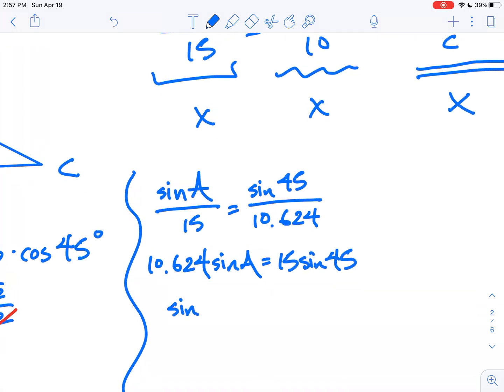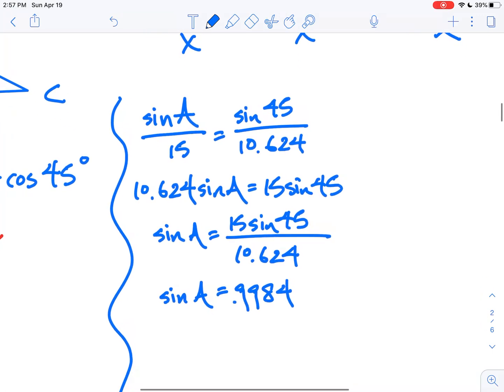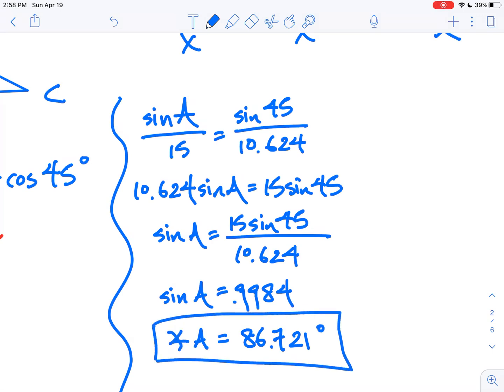And we divide. Sine A equals 15 sine 45 over 10.624. And we get sine A equals 0.9984. Okay. So when we go ahead and find this, we do inverse sine, we'll get 86.721 degrees for our angle A.